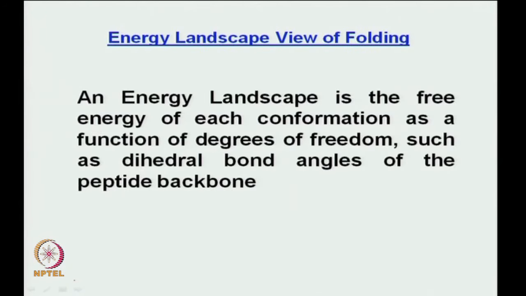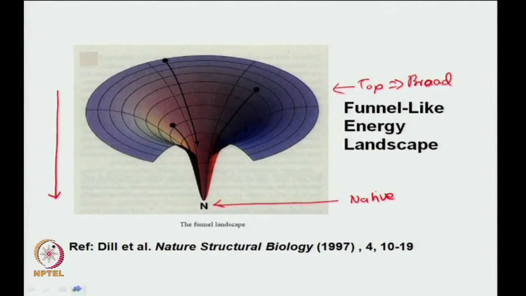So then we talked about the energy landscape. We described what an energy landscape is. I will not go through it again, and we said that a proper energy landscape is more like a funnel. So that means on top a funnel is always broad. On top you have the unfolded state. You are looking at essentially the entropy of the unfolded state, and the entropy being so huge for an unfolded state, that is why the top portion, which is the unfolded state, is so broad, right?